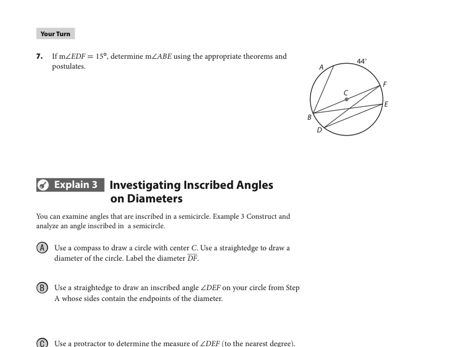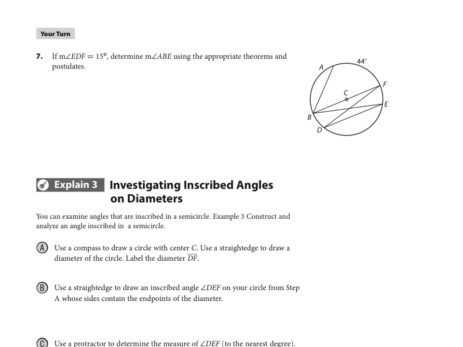On the next page, this is page 784, you want to make sure that you are doing your turn number 7 here, using those ideas of inscribed angles and working through those calculations.